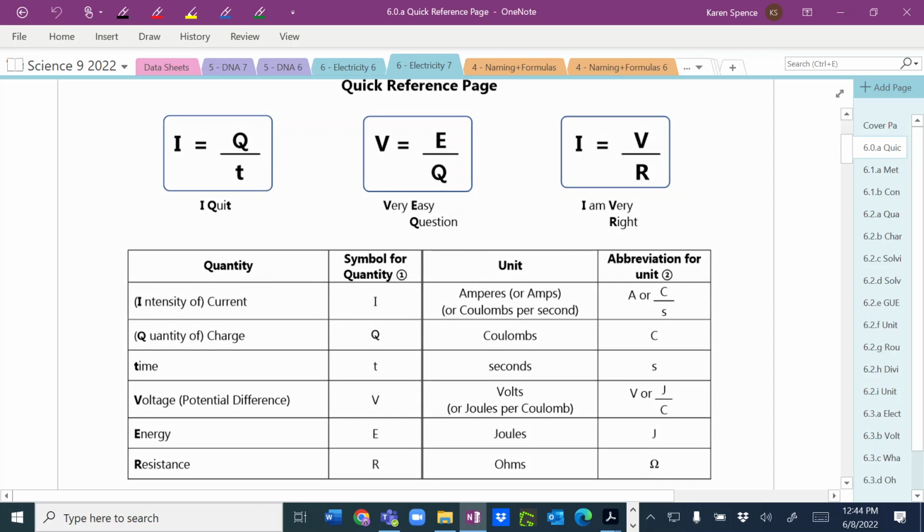And I've given you a few little tricks there to help you remember them if you choose to memorize them. We have the I quit formula, I equals Q over T. The very easy question, V equals E over Q. And I am very right, I equals V over R, okay? And we'll get to all the quantities and the units as we progress throughout this thing. All right.